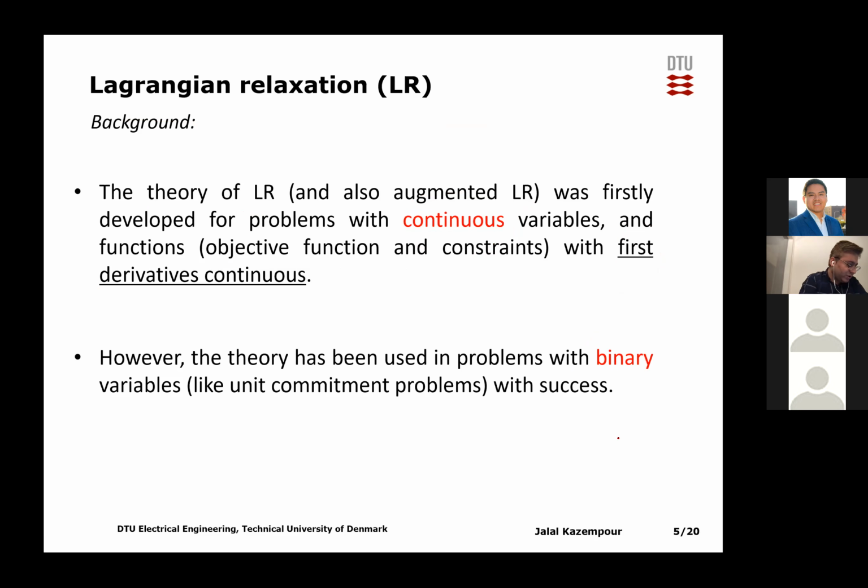However, in the 90s, people also used this theory for MILP problems, with binary variables like unit commitment, and it seems that LR worked very well. Though there might not be a proof of convergence, in applications it works fine.